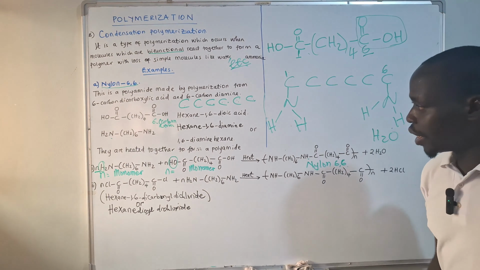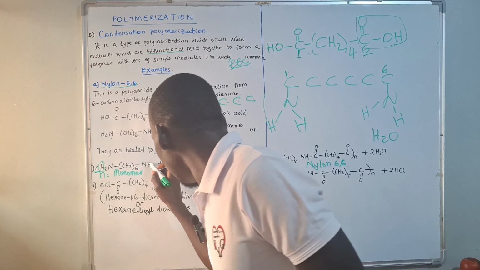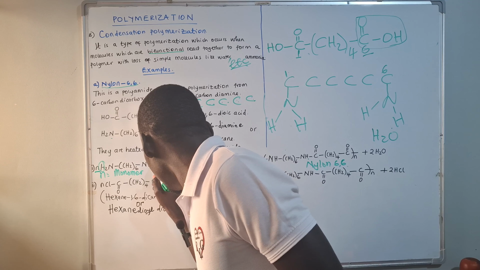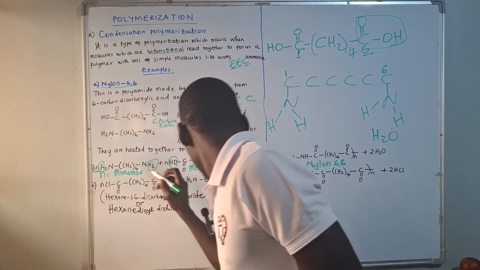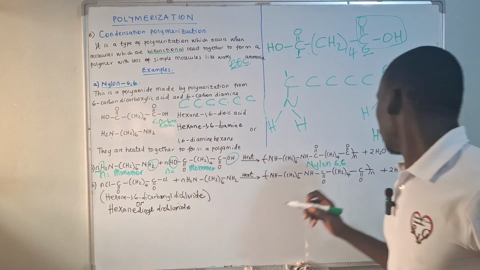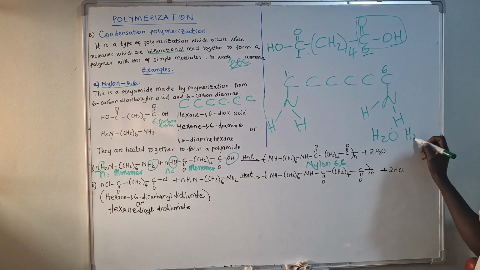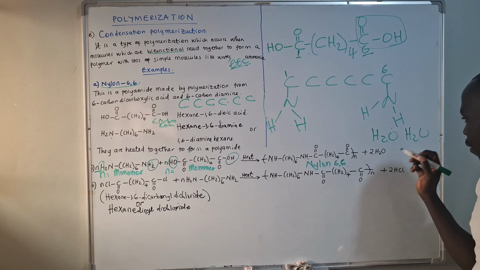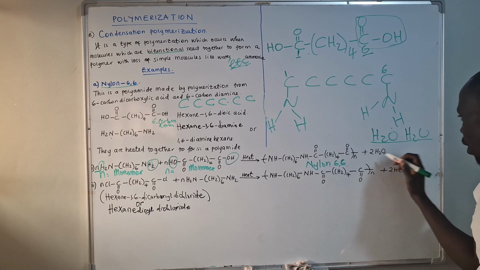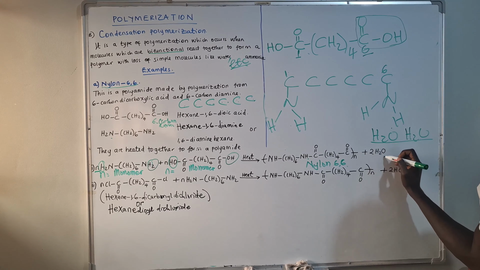After that, one of the hydrogen atoms from here will come and combine with this OH and also form another water molecule. Then we shall get 2 molecules of water.